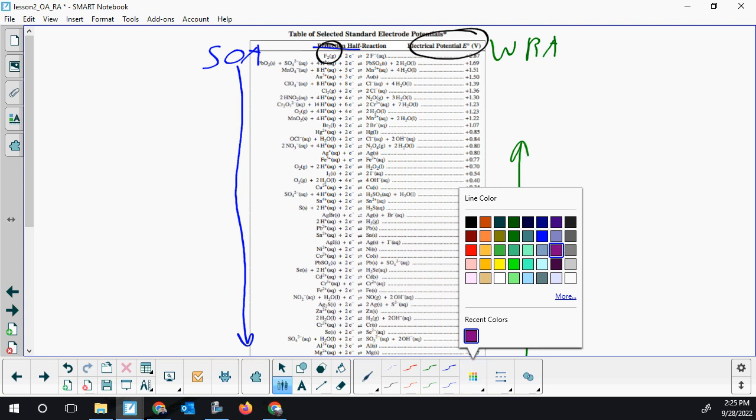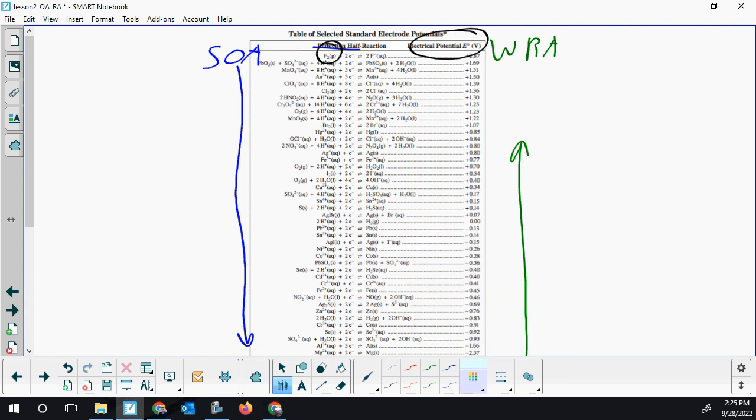H plus ends up being your oxidizing agent. It's in the first column, and it's located mid-range of the OAs. Gold is fairly up high on the RA column.